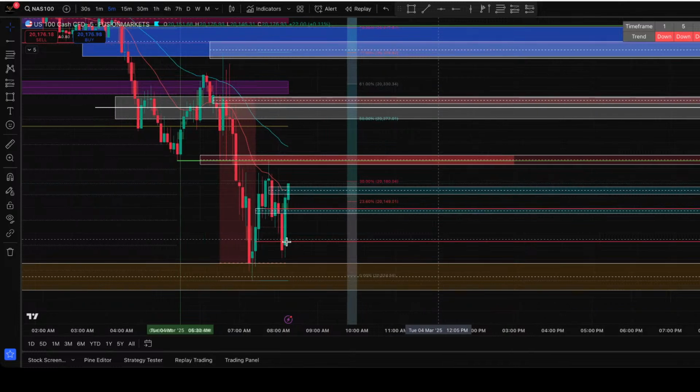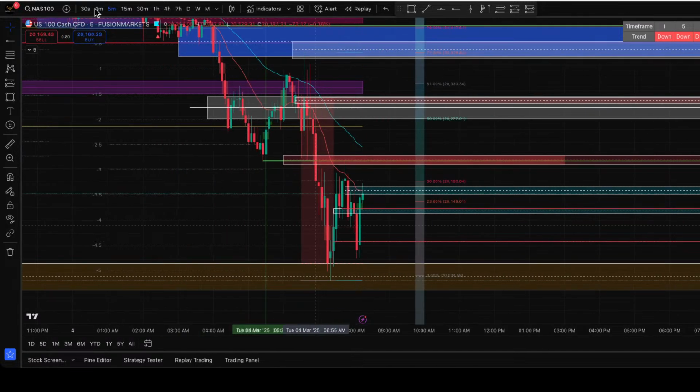On the 5M, it's created this engulfing candle, which is again showing us that maybe they want to take another swipe at this, take out these highs before dropping it. Either way, nothing of interest for us. No confirmation.